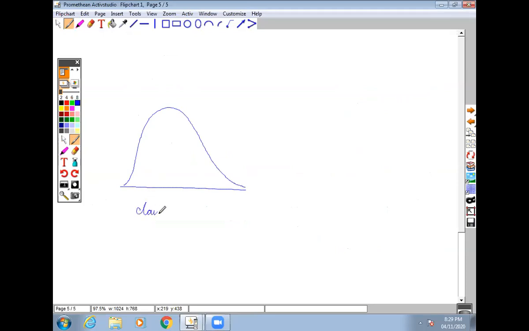This right here is my claim distribution, which is X. X is the claim distribution, and this here is the random variable equal to X. So I have the number of claims.